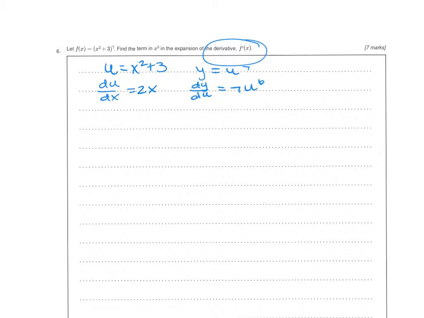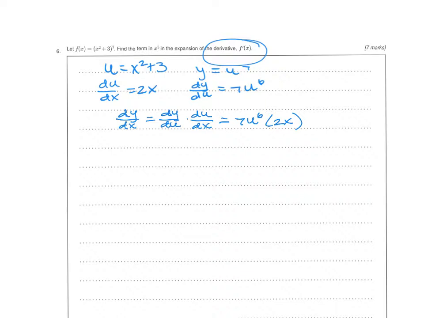Remember that when you use the chain rule, the inside function is u, then you replace that with u, so we have u to the 7th, that's the y. And then you differentiate each of them. And then the chain rule says multiply dy du times du dx. So that's 7u to the 6th times 2x.